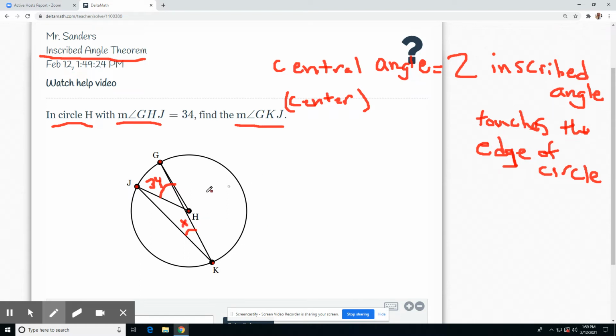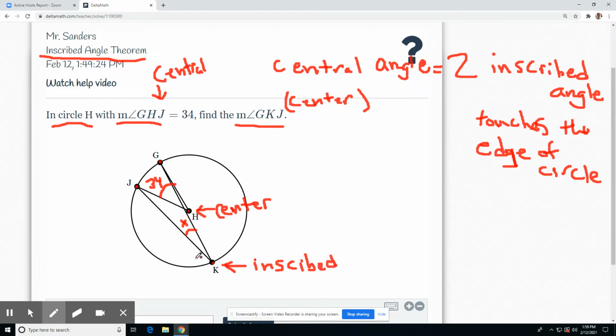So which one's which? GHJ touches the center right here, so that's the central angle. This one is the inscribed angle, because it touches the edge of the circle.